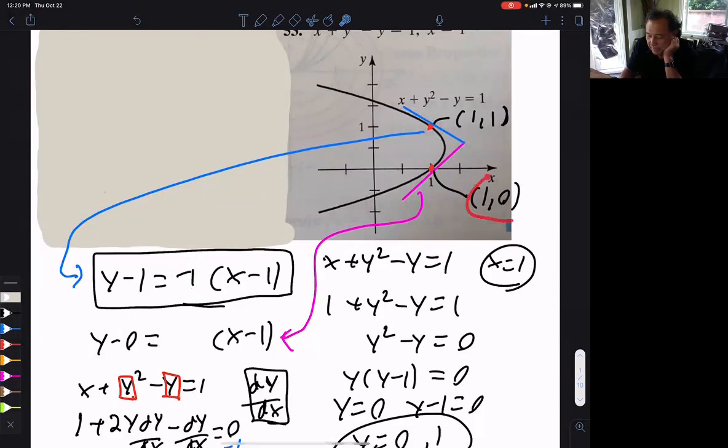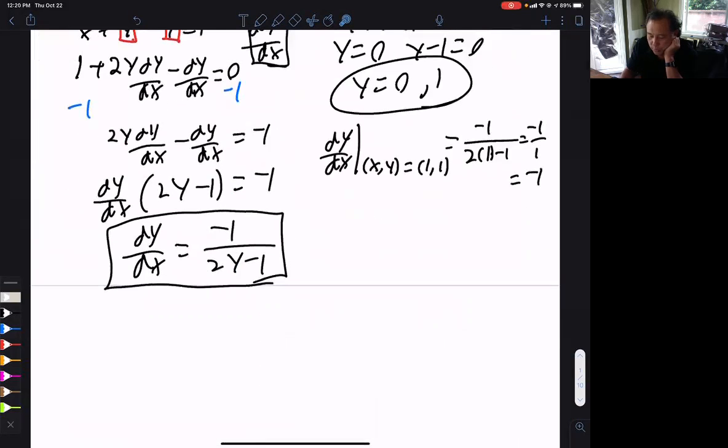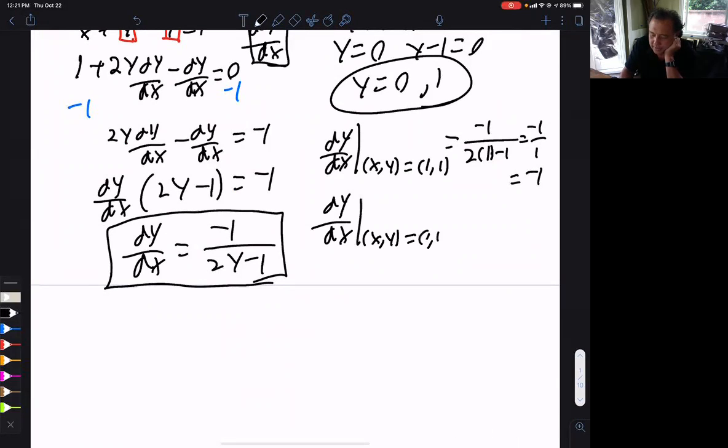Now I do the same thing for 1, 0. What's the slope at 1, 0? dy dx at the point x, y, which is 1, 0. Well, for that y, I plug in 0. So I'm going to get -1 over 2 times 0 minus 1. -1 over -1 is +1.